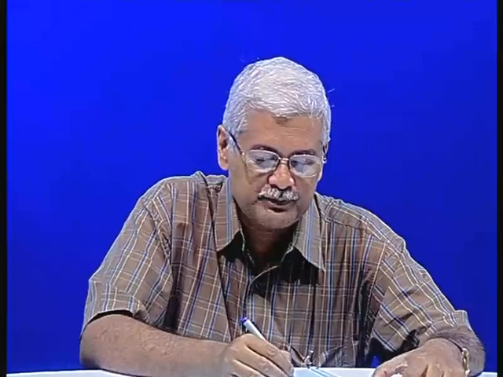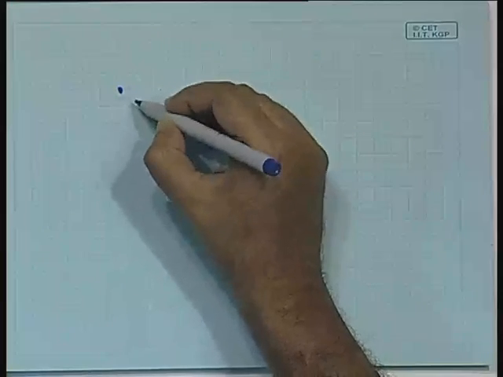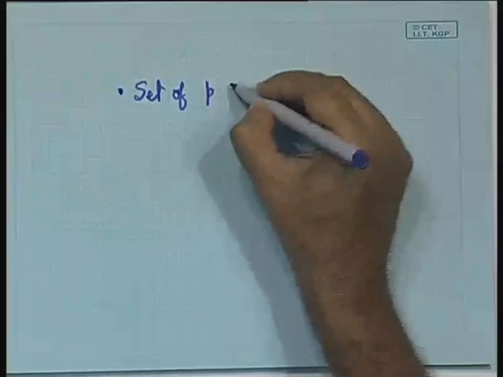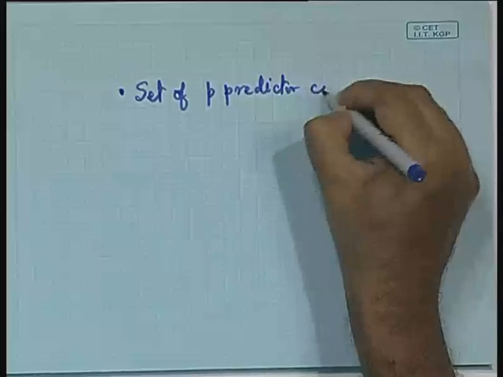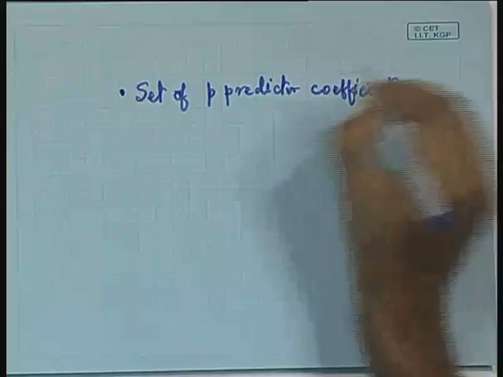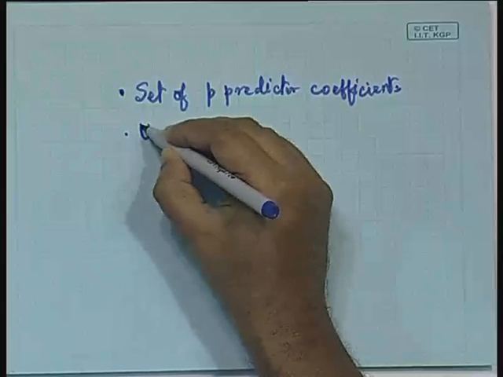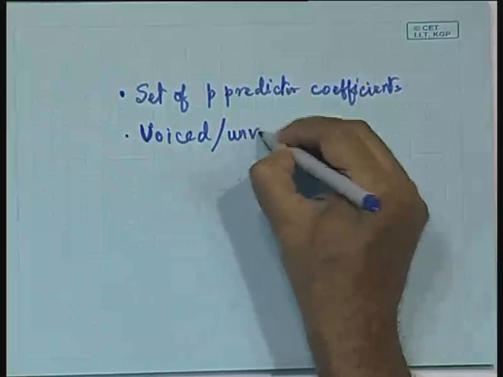What are the basic LPC analysis parameters? The first is the set of P predictor coefficients. Then there is a voiced-unvoiced parameter.